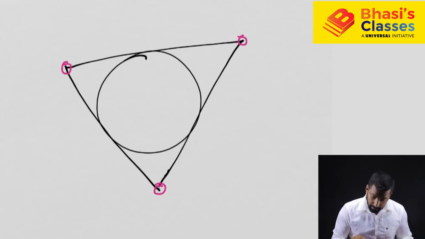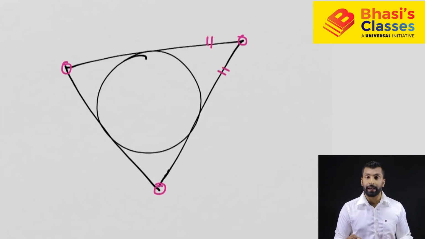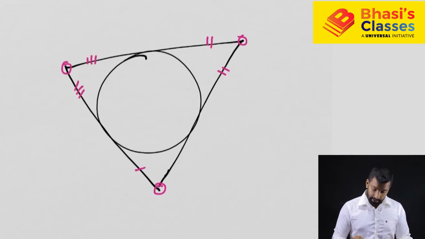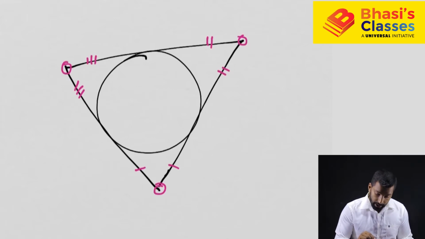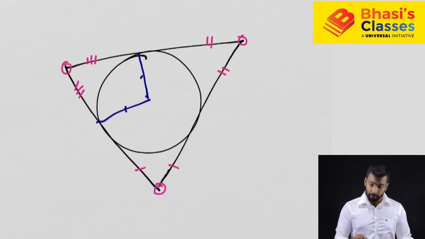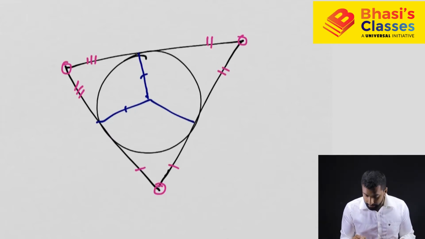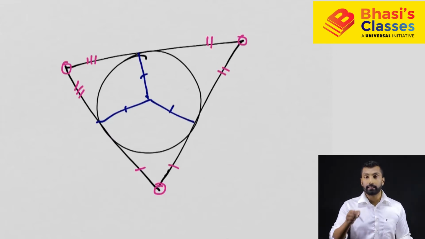Why triangle? Because you are dropping these two tangents and these two are equal anyway. Similarly, these two are equal, then these two are equal. And if you can combine it with the radii of the circle, then these are obviously radius. Then you can drop like this also. So all these three are equal.